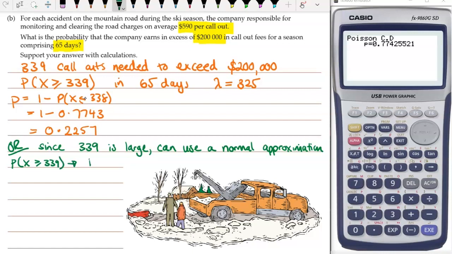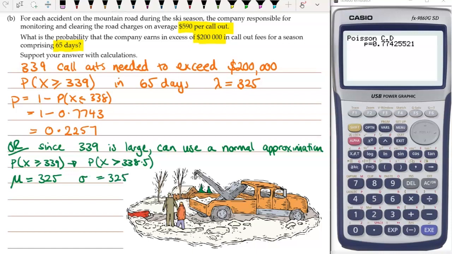So the probability that x is greater than or equal to 339, if we're turning that into a normal approximation, we need to apply a continuity correction. So this would be x is greater than 338.5 because we're looking for all decimal values that would round to 339 or more. Then when we do this approximation, the mean is what we had as lambda, 325. Sigma squared is also 325.